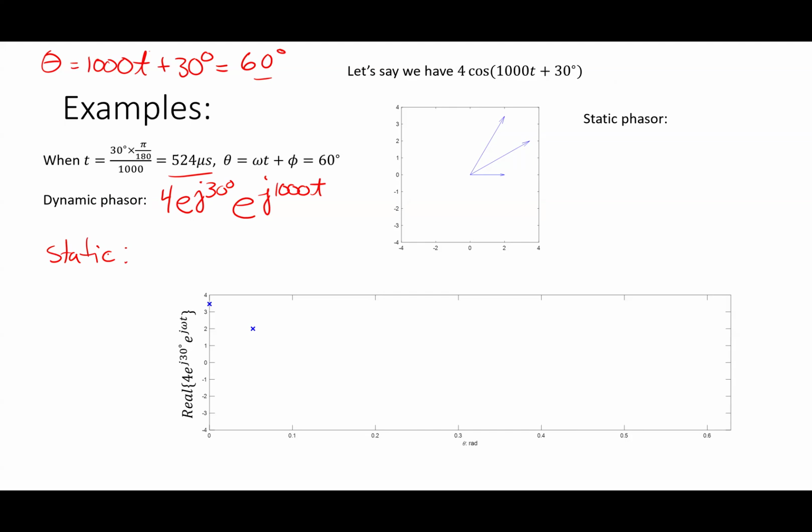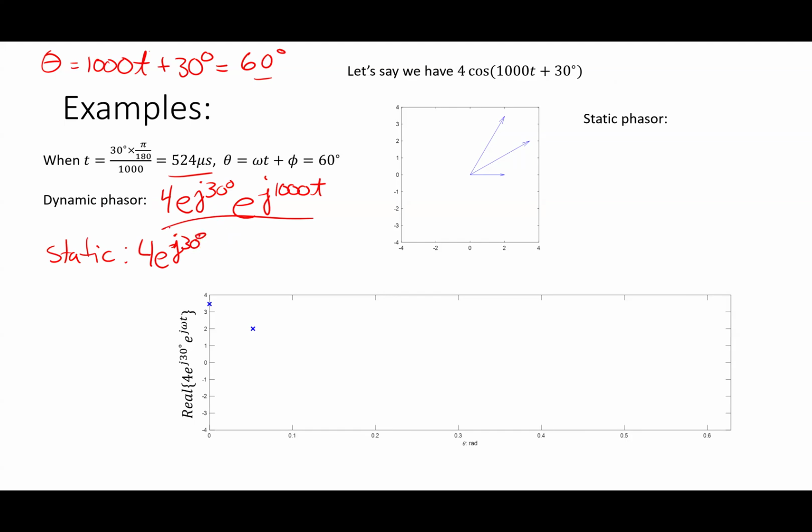All right, if I had 4 cosine(1000t + 30 degrees), the dynamic phasor is always this. What's the static phasor? Yeah, the 4e^(j30). Okay, not 300. 4e^(j30).